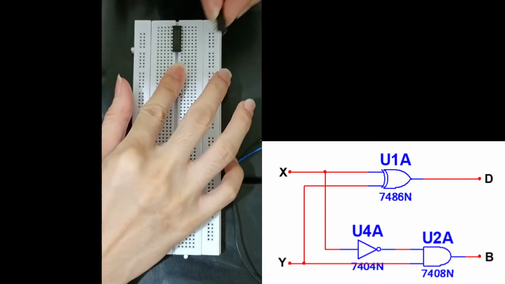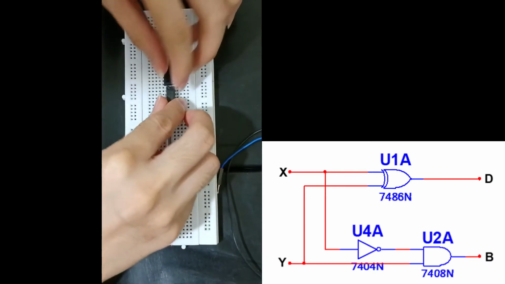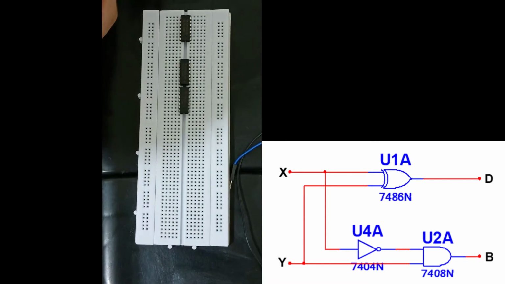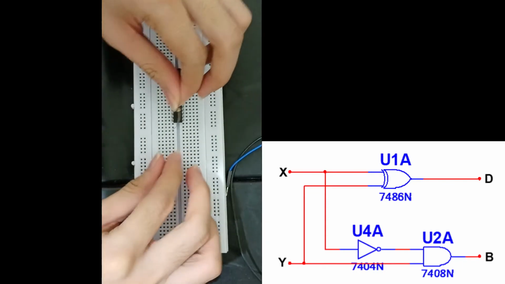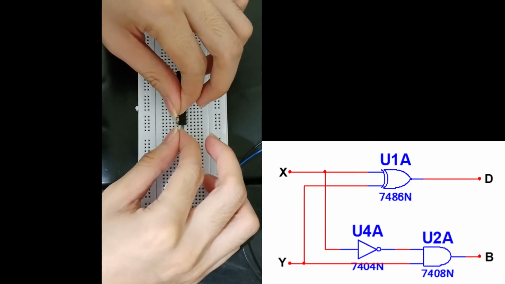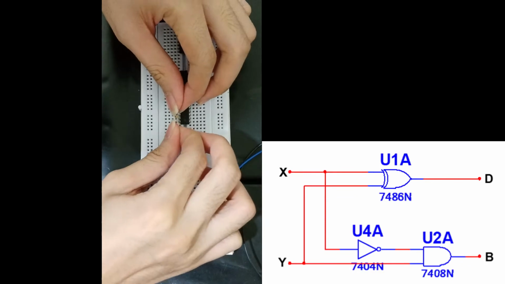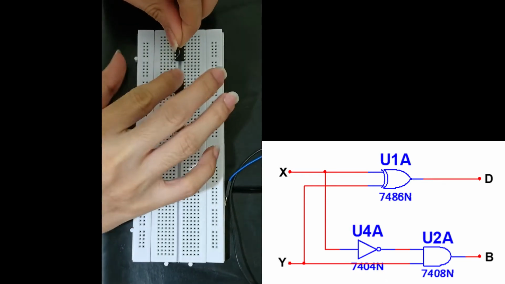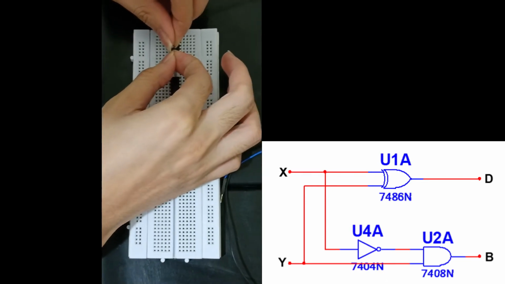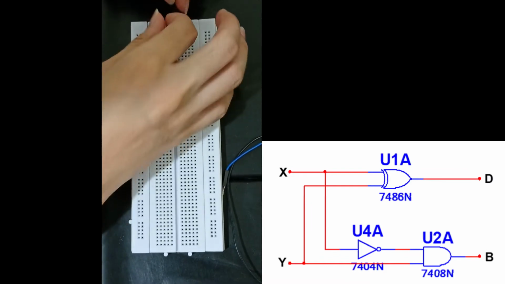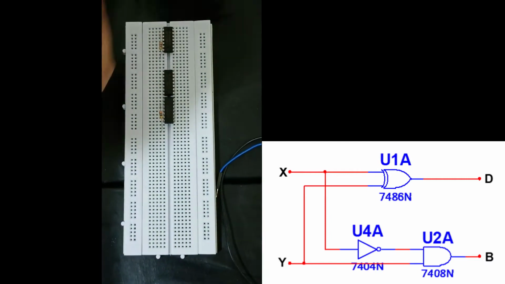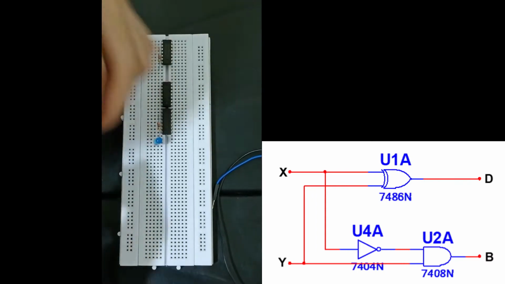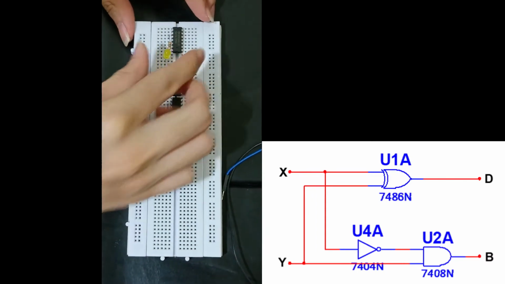The output of the 7486 IC is connected to the third pin, and the output of the 7408 IC is connected to the third pin, then followed by the LED, which is the outputs B and D.